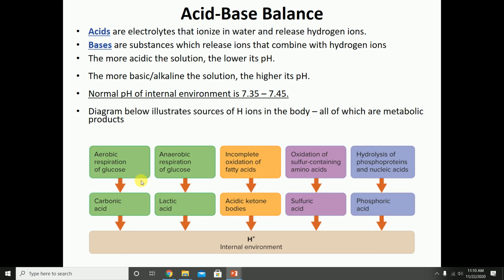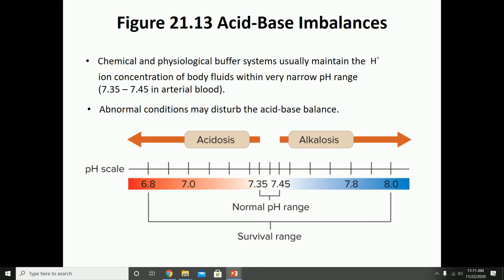So again, different kinds of acids are produced in our cells, so our bodies should end up actually having a very low pH. Some of these acids are very strong, but our normal pH, again, is on the alkaline side. So how is it that our body is able to not only neutralize these hydrogens, but also keep our body on the alkaline side?